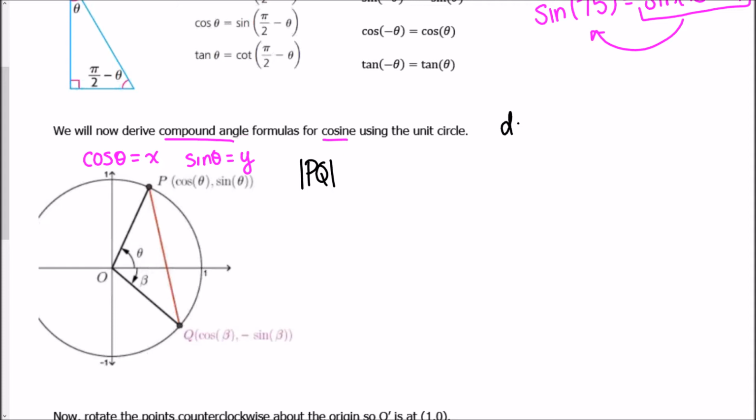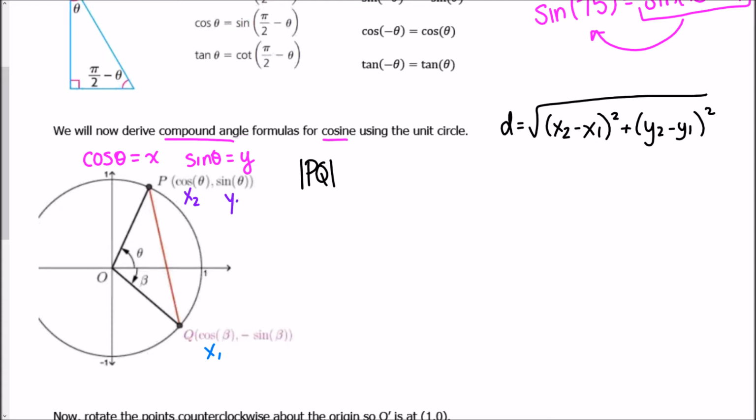If you remember the formula for distance, way back from grade 10 math, it's the square root of x2 minus x1 squared plus y2 minus y1 squared. So we are going to call this one x2, this one x1, this point y2, and this point y1.